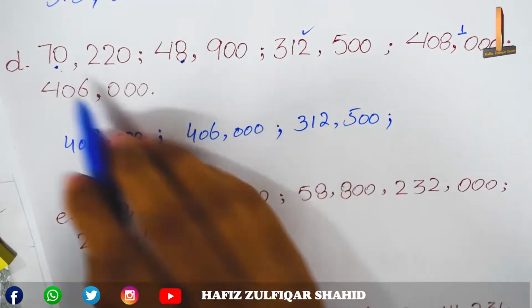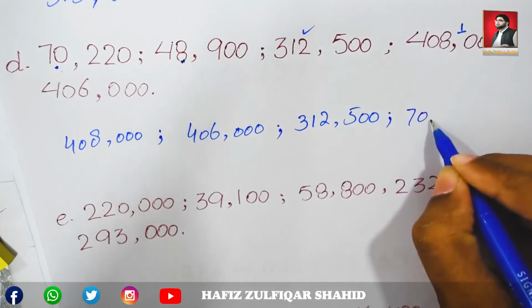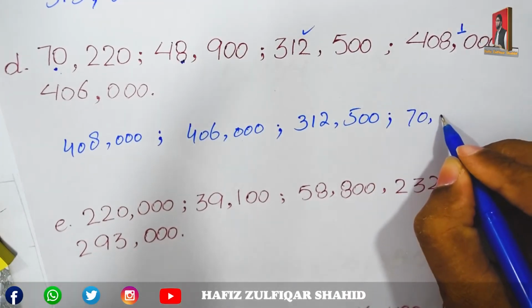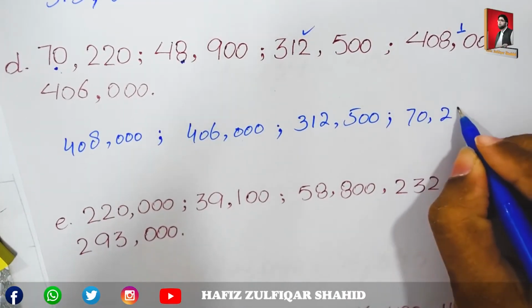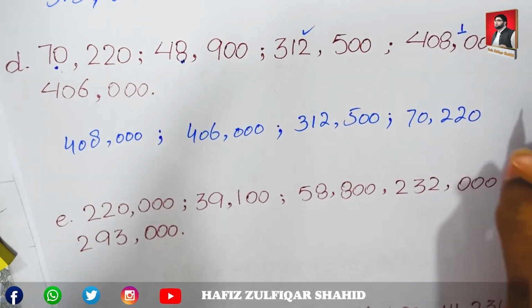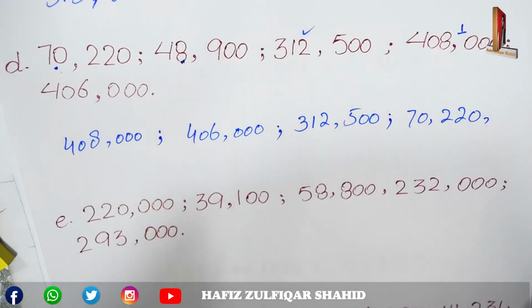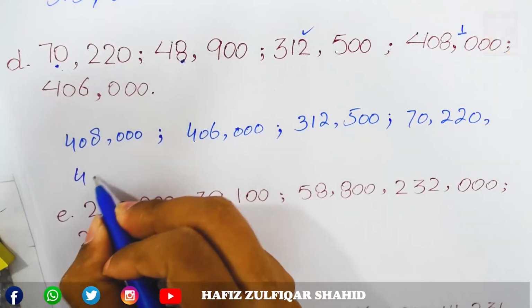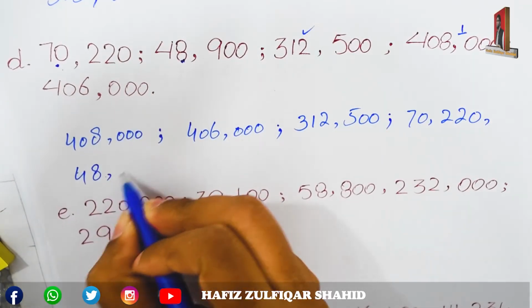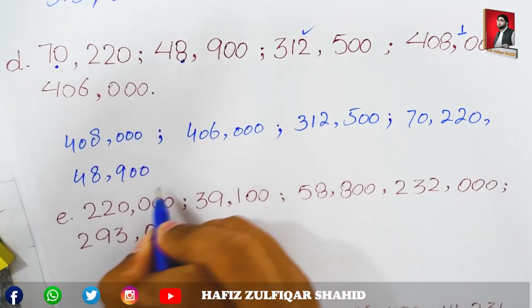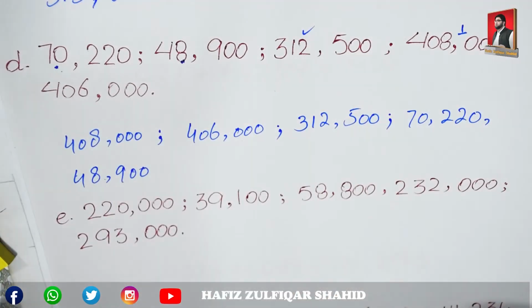Which is greater? 70,000 is greater than 48,000. Write it before 48,900. In the last we will write 48,900, which is the smallest value in all these 5 values.